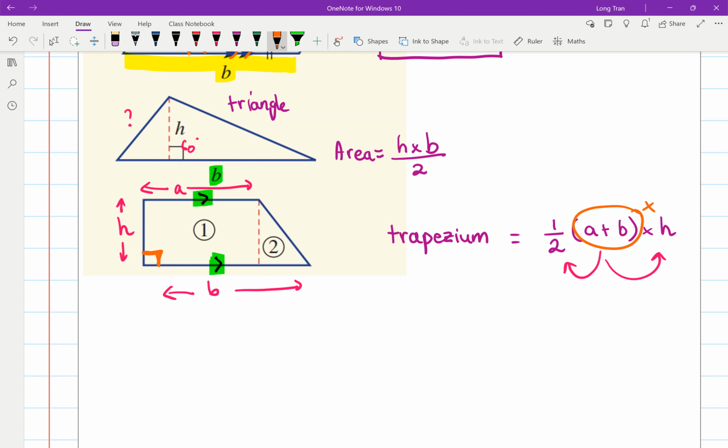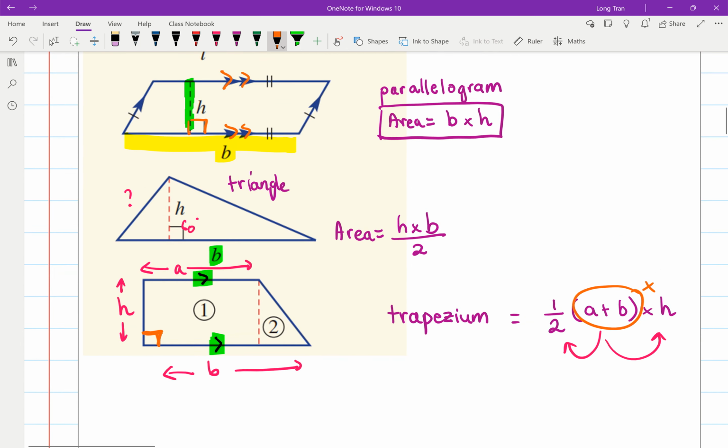That will give you the area of trapezium after you halve it. Okay, so please copy that down. I've just added one extra formula that is a bit different to what you might have seen in the past. So make sure to copy that down. Trapezium formula. Okay? Thank you.